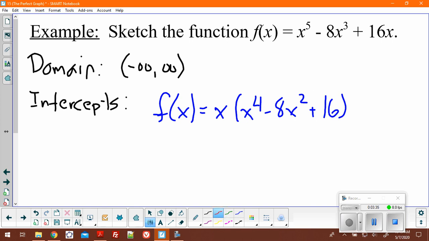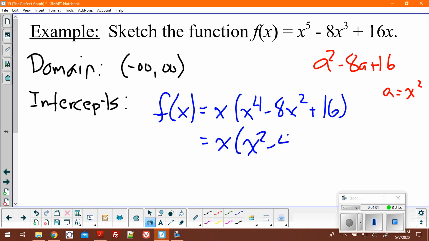Depending how you were taught this in previous courses, you can think for a second of this as a squared minus 8a plus 16, where a is equal to x squared. So we need something that multiplies to 16, adds to negative 8. That's negative 4 and negative 4. So when I factor this out, I'm going to have x squared minus 4 and x squared minus 4.